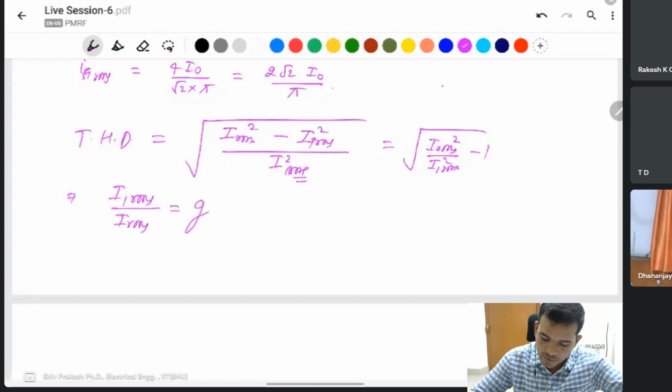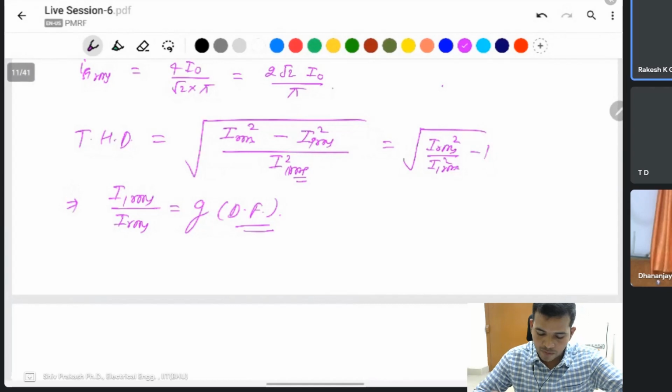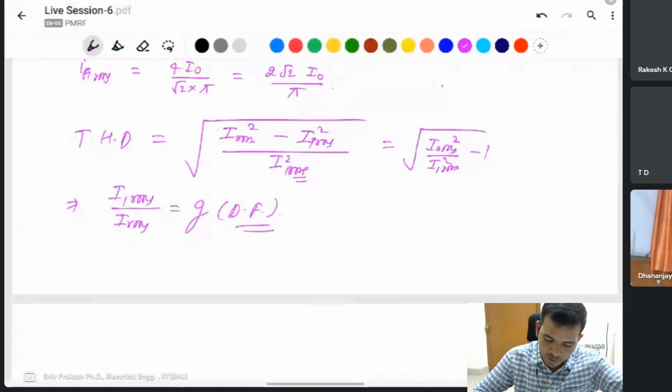This one is the distortion factor. The value of the fundamental component over the whole component is the distortion factor. If both are the same, then the distortion factor is 1.